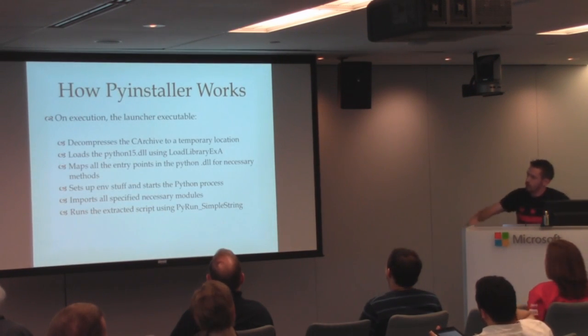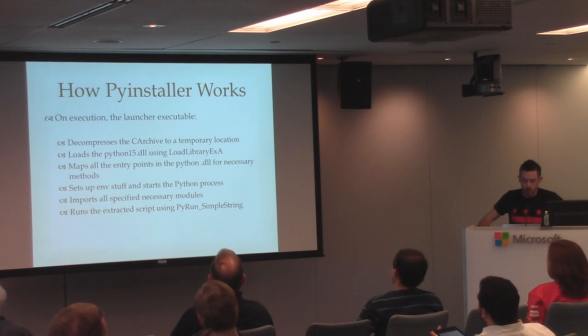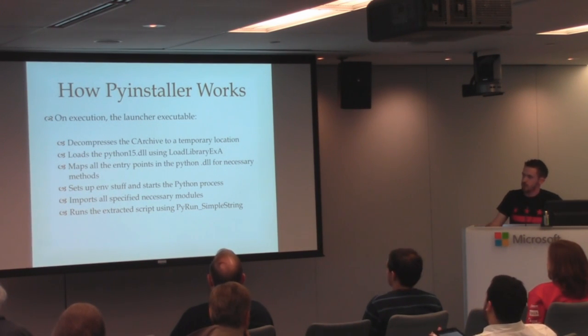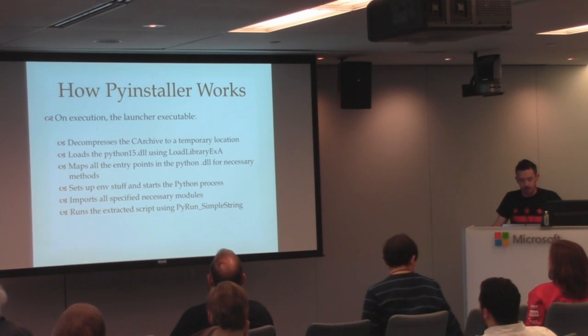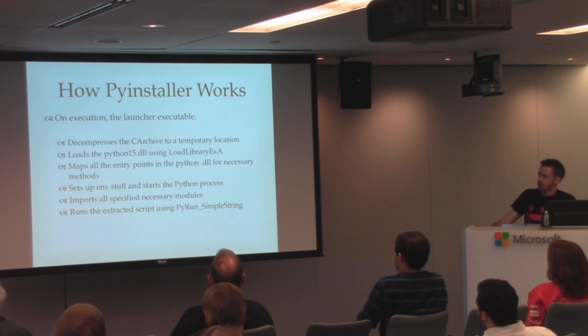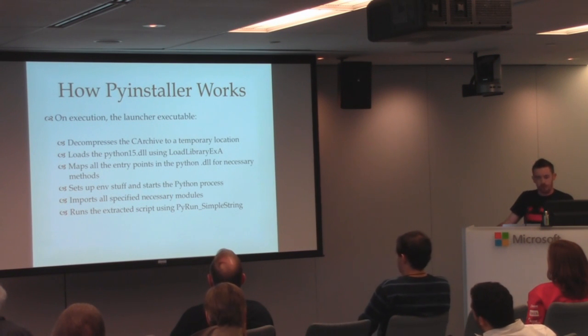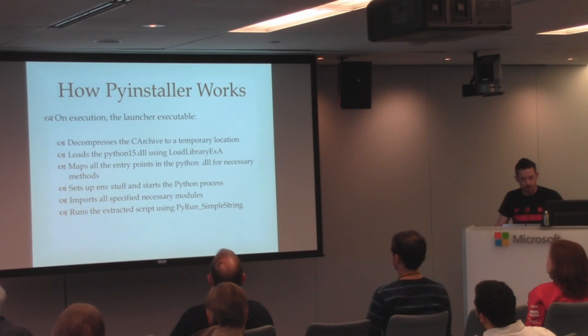So again, on execution, the launcher executable decompresses it to a temporary location, loads the Python 15 DLL using LoadLibraryEx, maps out the entry points to the Python DLL for all the necessary methods, sets up all the environment, starts the Python process, and imports all the necessary modules, whatever is included.